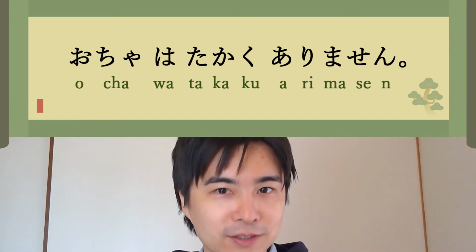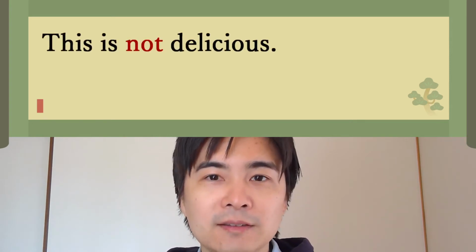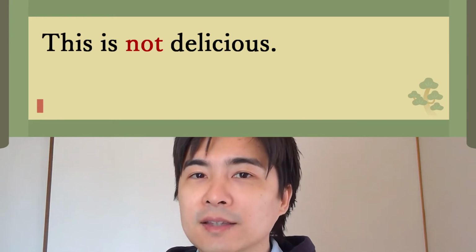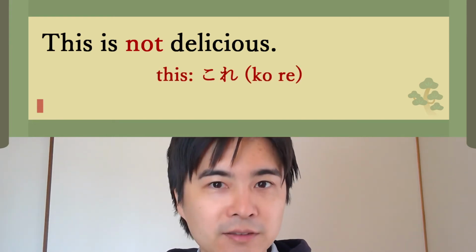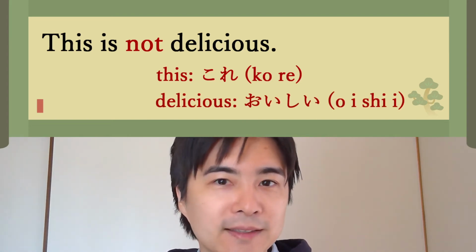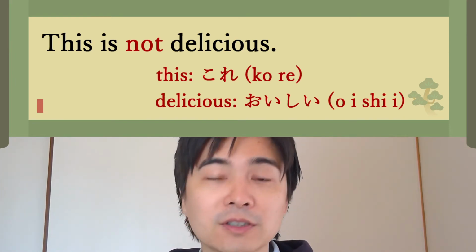Then let me ask another question. How do you say this is not delicious? To give you hints, this is これ and delicious is おいしい。So how do you say this is not delicious? If you want to think for a while, please stop this video.